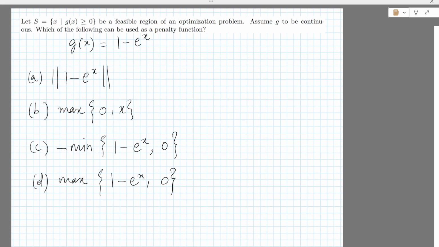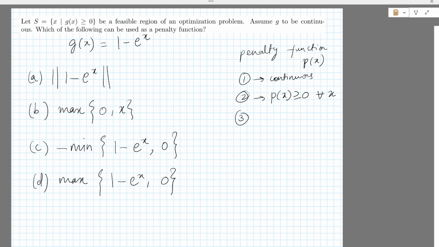So we need to find the penalty function. The penalty function p of x must be continuous, and p of x is greater than or equal to 0 for all x.